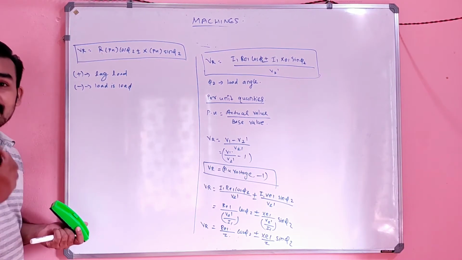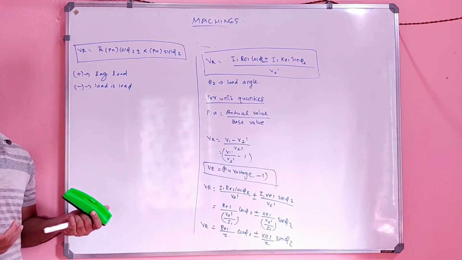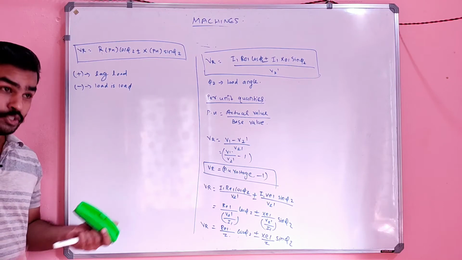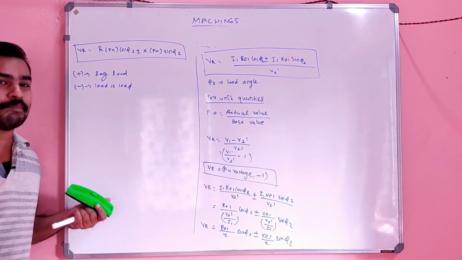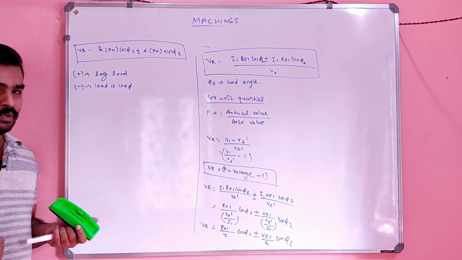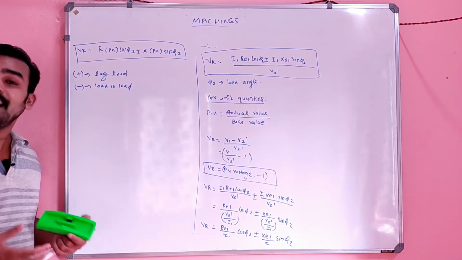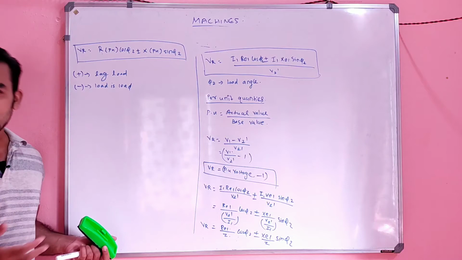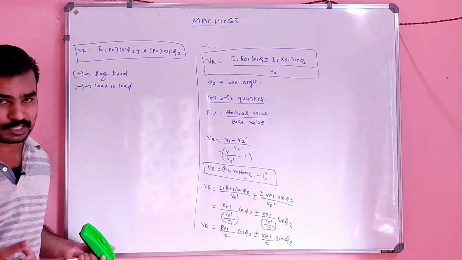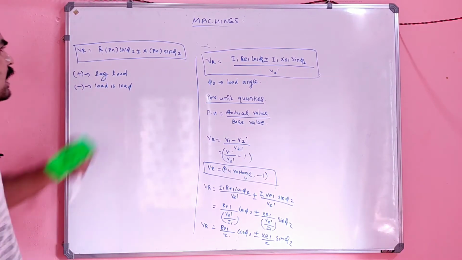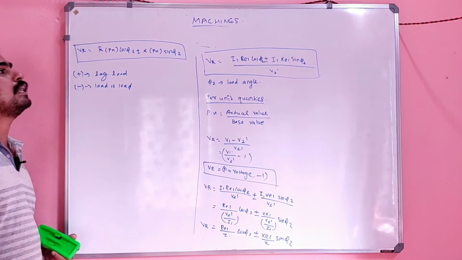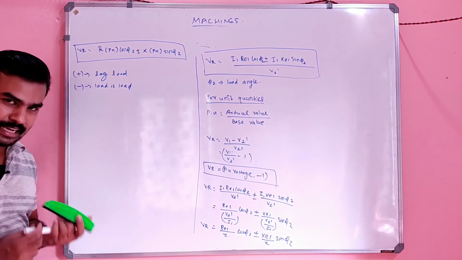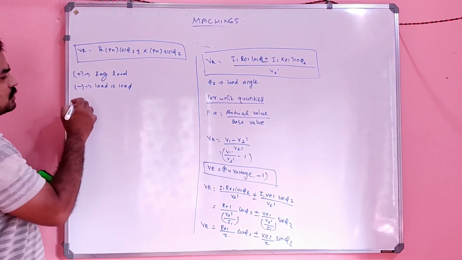If the load is inductive in nature, the current is lagging behind the voltage by some angle. That's the meaning of lagging load. What is the leading load? It's a capacitive load, because in a capacitor the current is leading with respect to the voltage. So plus is used for lagging and minus for leading. Is it clear? Let's see next.